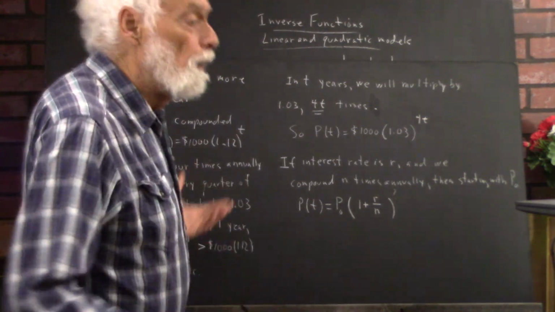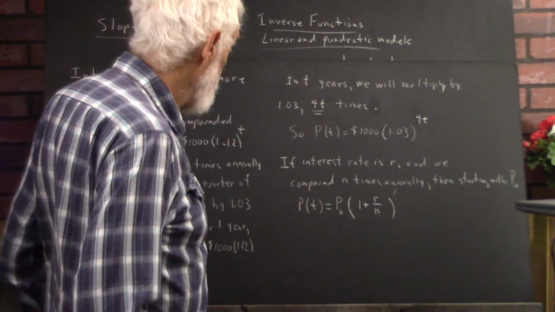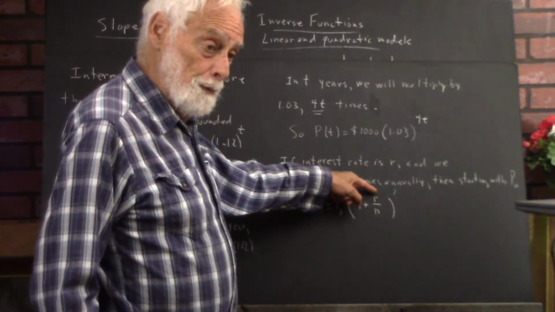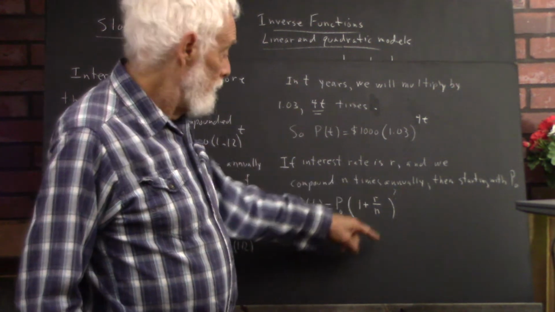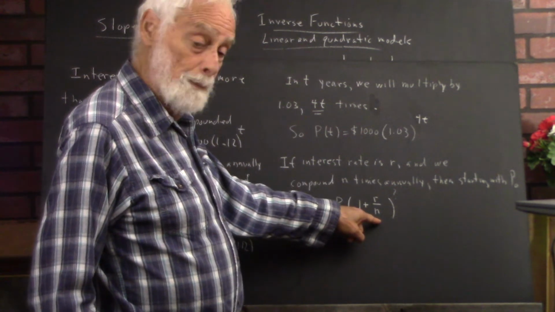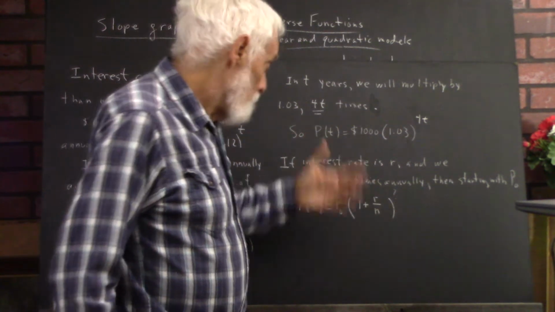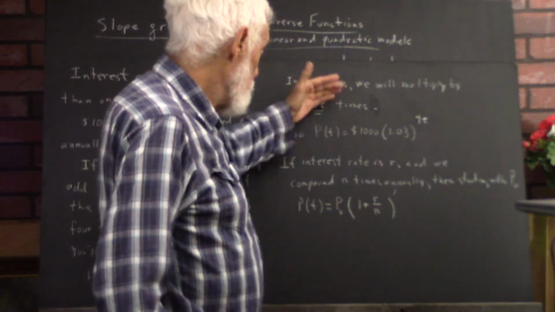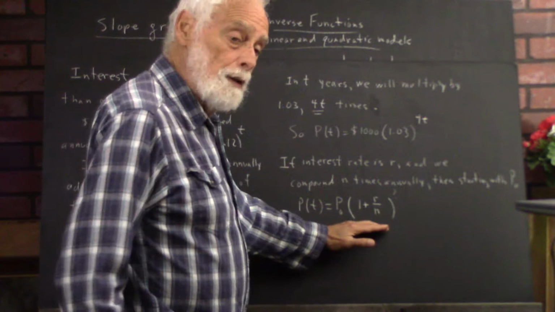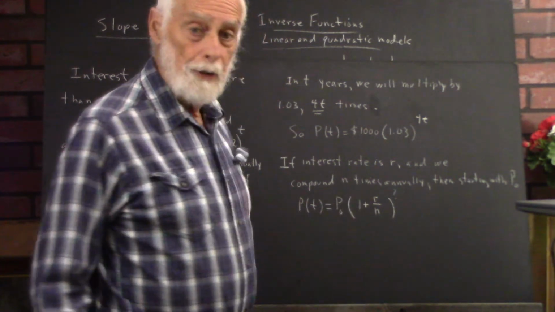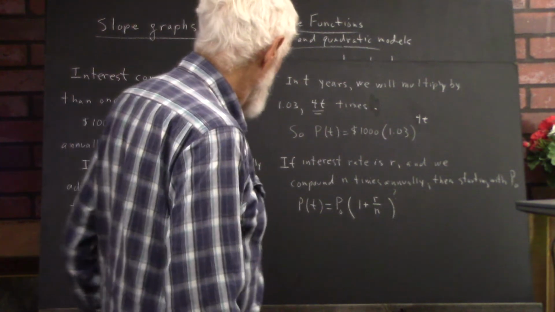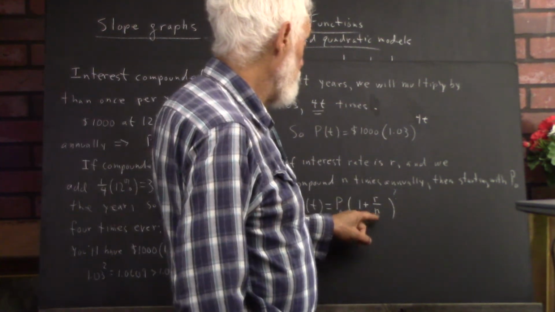So if we do it 12 times annually at 12%, R would be 0.12, and 1/12 of that is 0.01, and we'd have 1 plus 0.01. Just as an example, but we want to generalize our example to an expression that we can treat as an exponential function. Well, we get P naught times 1 plus R over n.